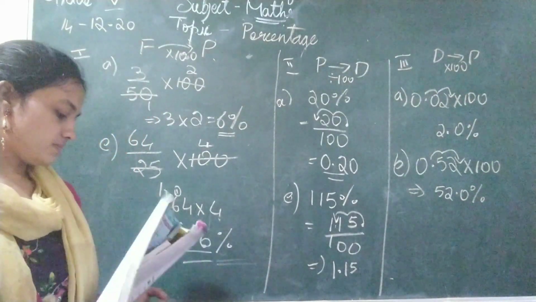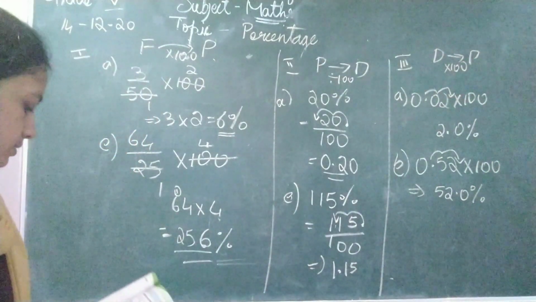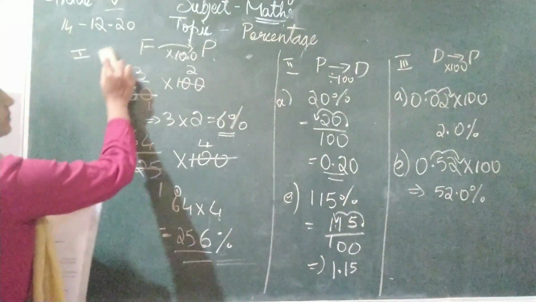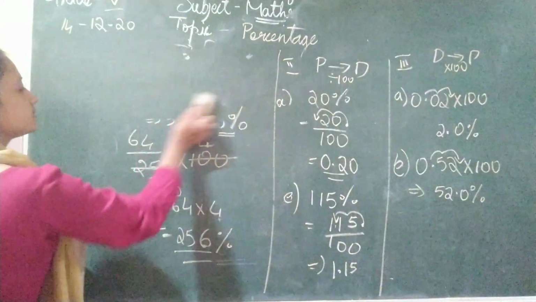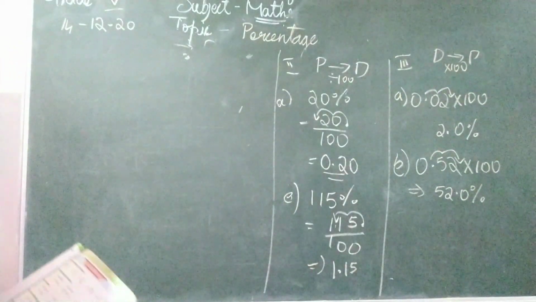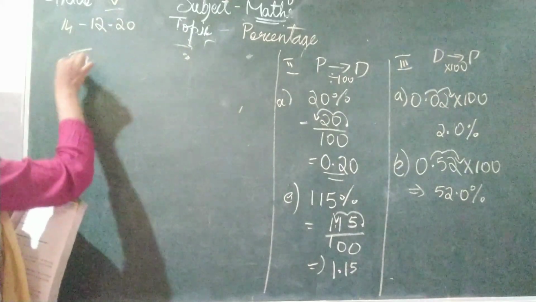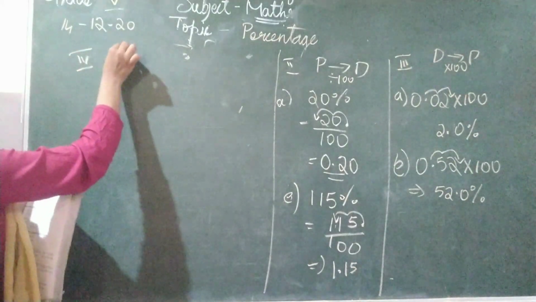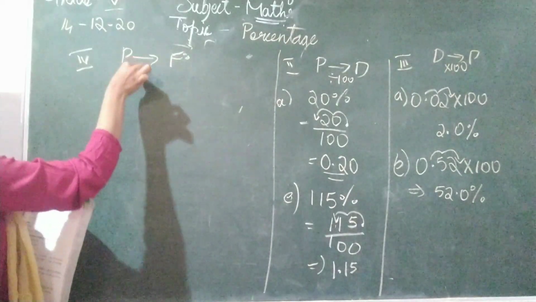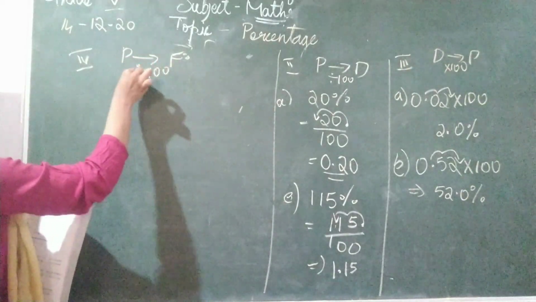Next, the fourth sum: express each of the following percentages as a fraction in its lowest form. You are going to convert from percentage to fraction, so you have to divide by 100.